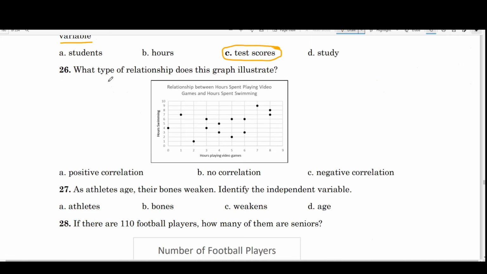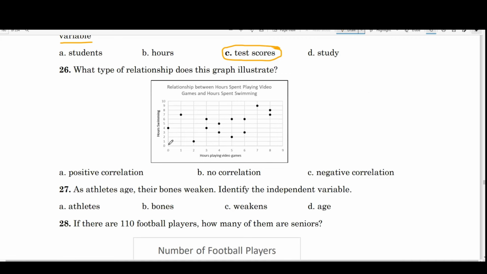Number 26 says, what type of relationship does this graph illustrate? So this is a scatter plot. It's either going to be a positive, negative, or no correlation. Positive would mean that it's primarily rising from left to right. Negative would mean it's primarily falling from left to right. And no correlation means there's no particular pattern. If we scan this from left to right, there's no particular pattern.